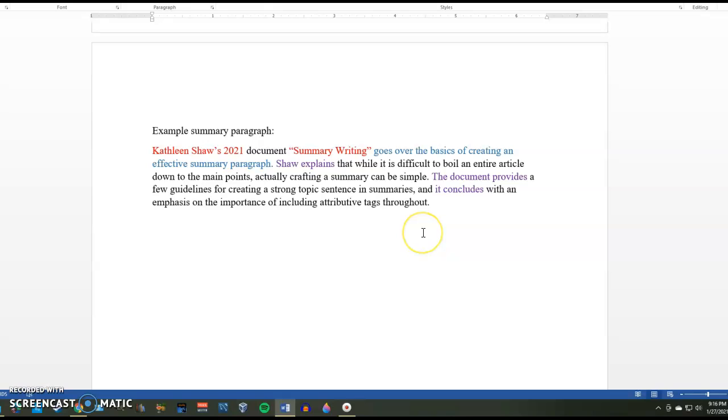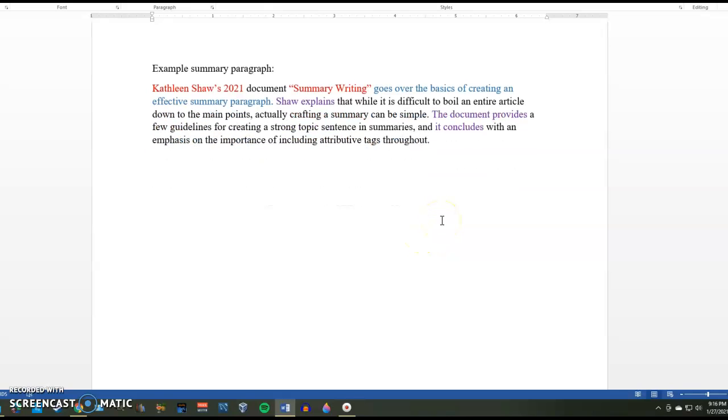That's fine. If you're wondering why I read that out loud, and you're thinking, Miss Shaw, I know how to read, the reason I did was so that you could hear it sounding not awkward. I have attributive tags. There's only three sentences. This first phrase is a form of attributive tag.